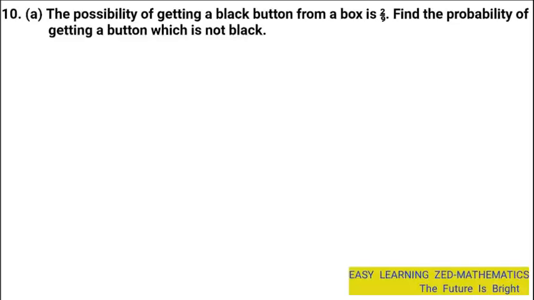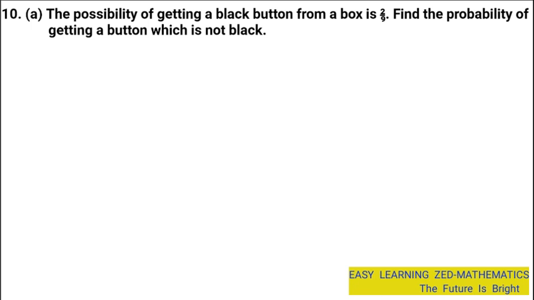Question 10a was as follows. The probability of getting a black button from a box is 2/9. Find the probability of getting a button which is not black.